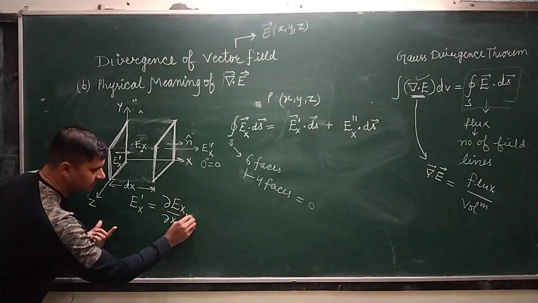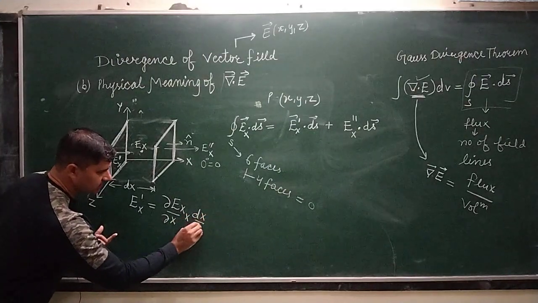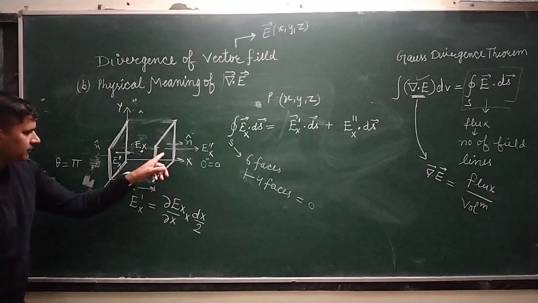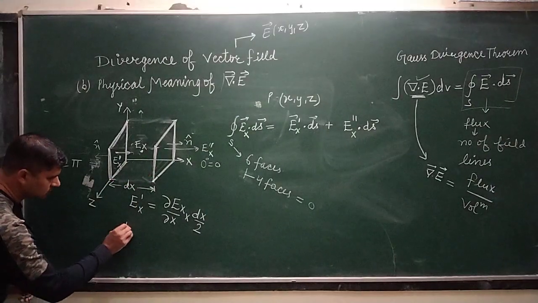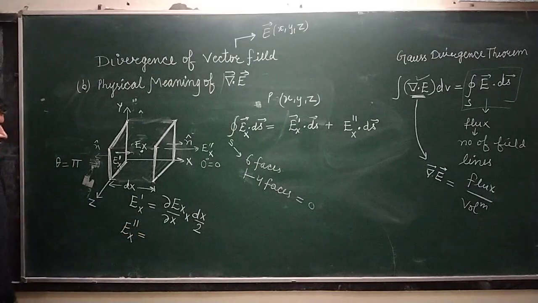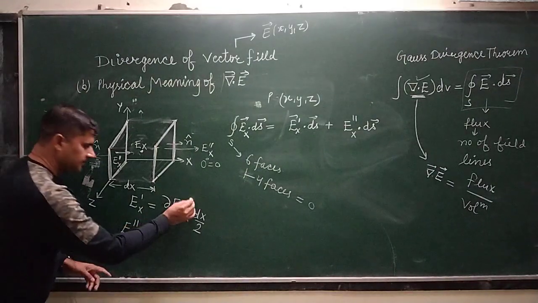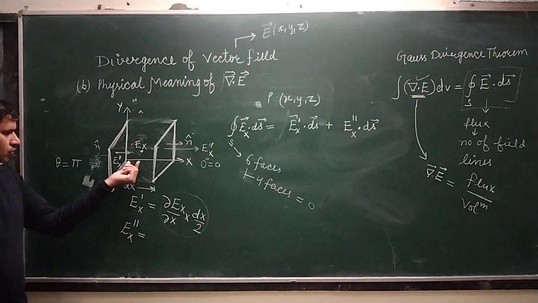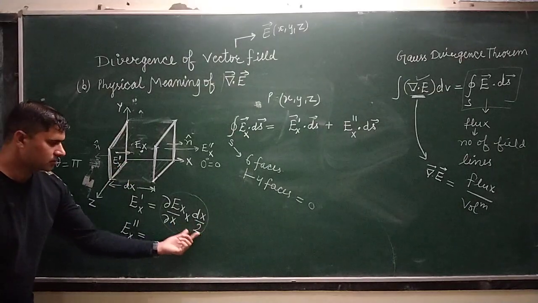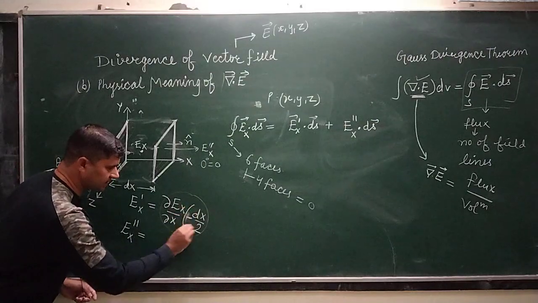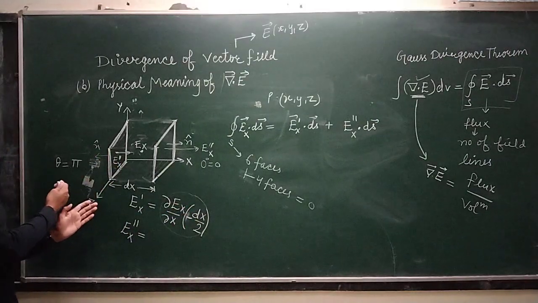So here I will multiply it by dx by 2. This is the change, and you have moved in the negative direction by dx by 2, so you will put a negative sign here because you are moving in the negative x direction.